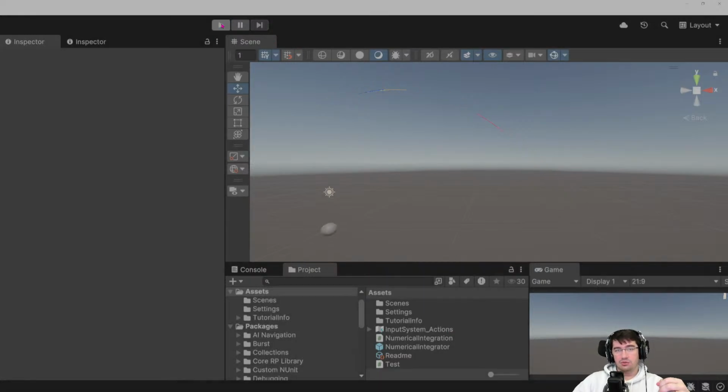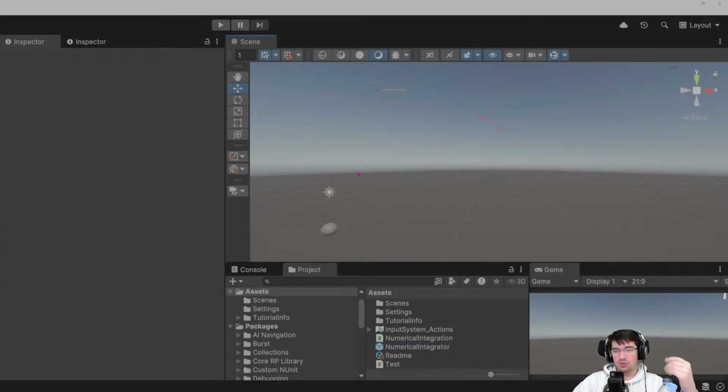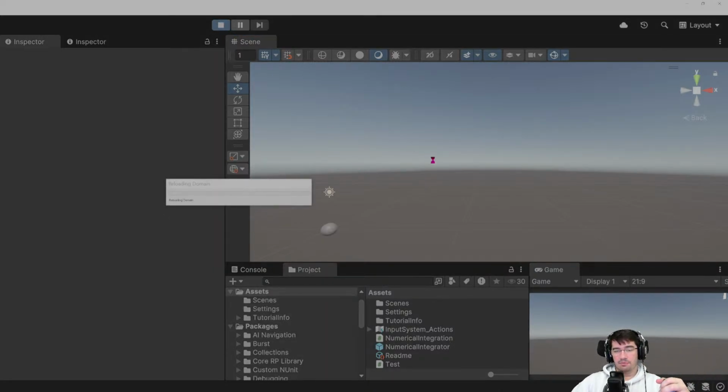But that's with a very high update rate, so I don't think any game is updating the physics at 120 frames per second. So let's change that and instead do something more reasonable, let's say 50, which is the default, I believe, for physics, so for MonoBehaviour objects. For DOTS physics, it's 60 FPS, so it's not exactly the same. And let's see.